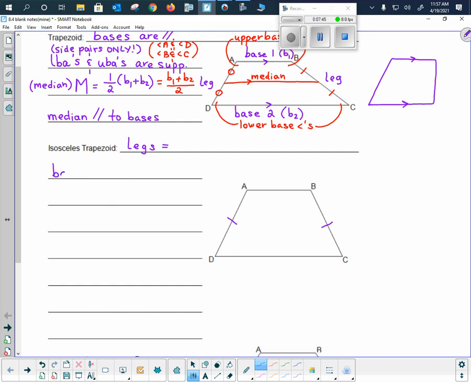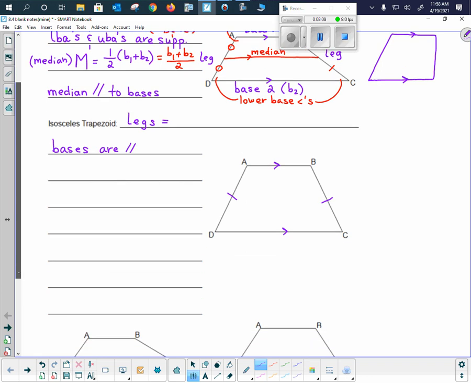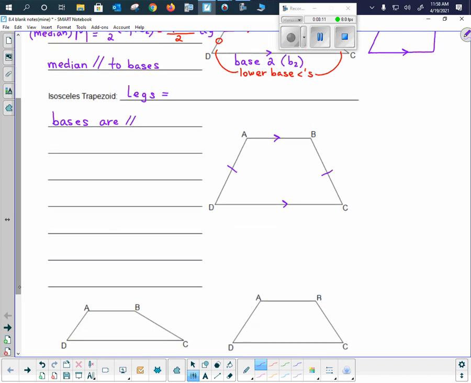Of course, it's a trapezoid, so of course it's still going to have those basic characteristics, right? Like bases are parallel to each other. Okay, that's not going to go away. And then it's still true, okay, about the side pairs only, but this one's going to become a little more specific based on the information that we're going to give you about isosceles trapezoids.